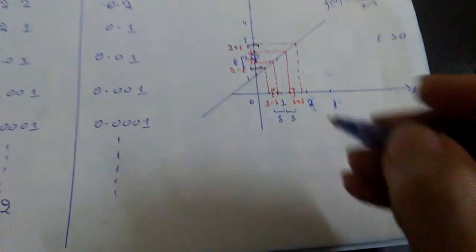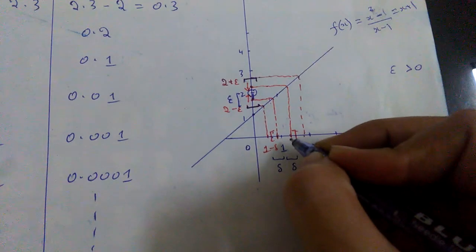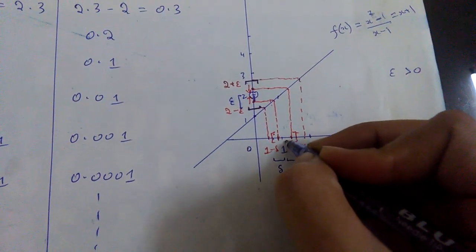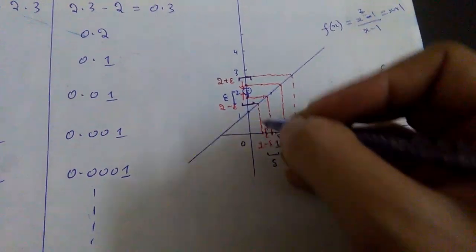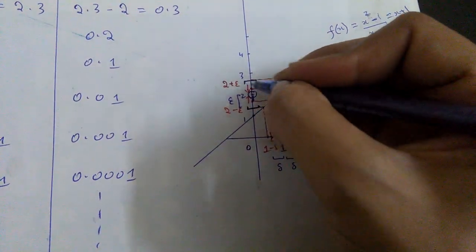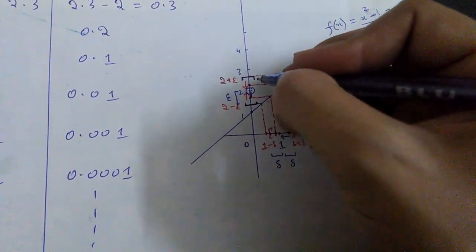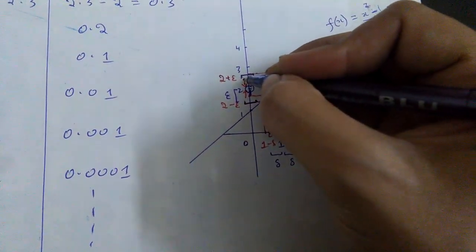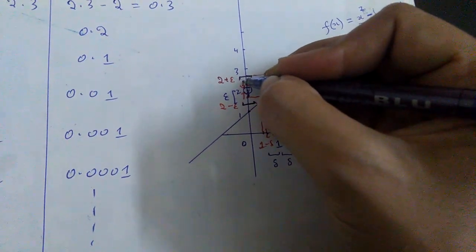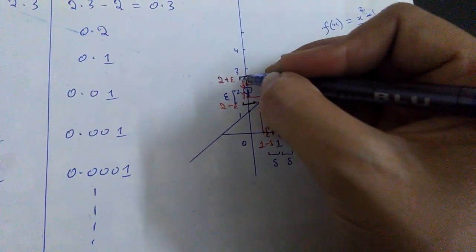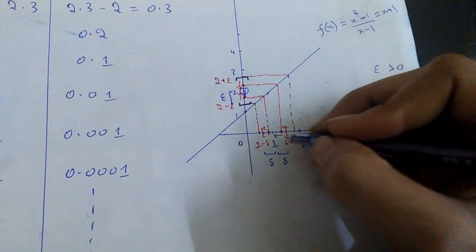See here, you're moving from the right hand side towards 1, and f of x values are moving towards 2. It's getting a little complicated, but I hope you can understand that. The f of x values are moving towards 2 from the upward direction, right?